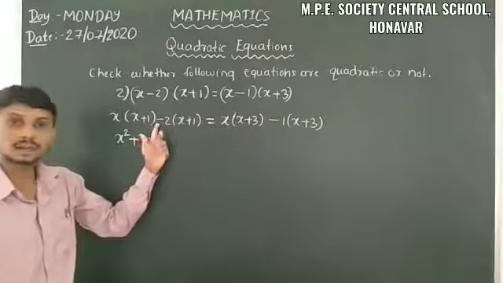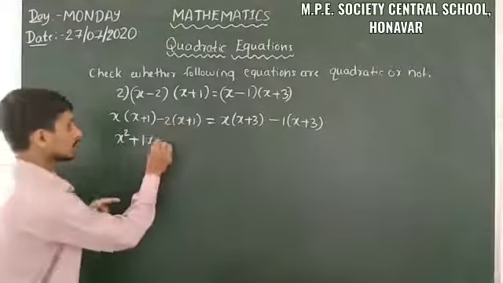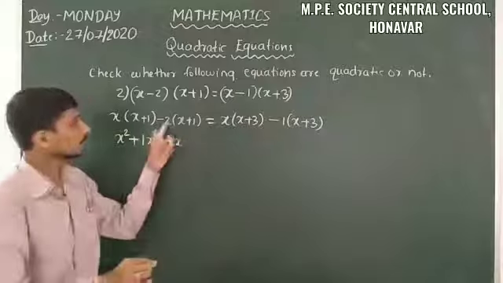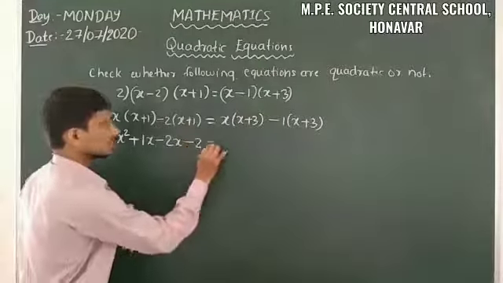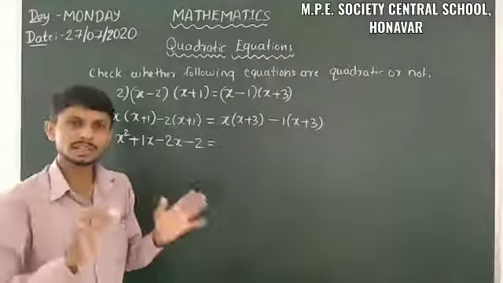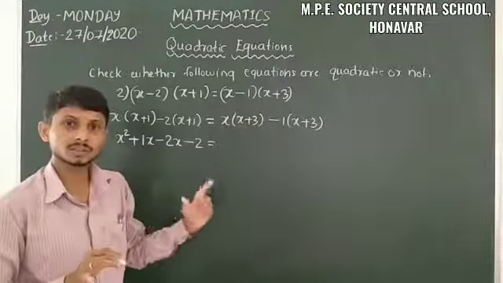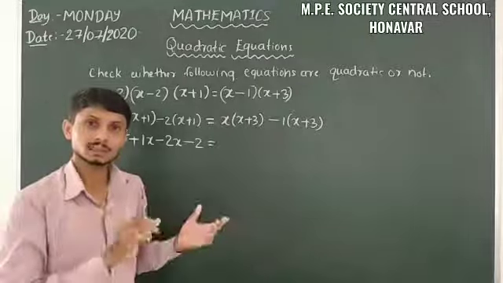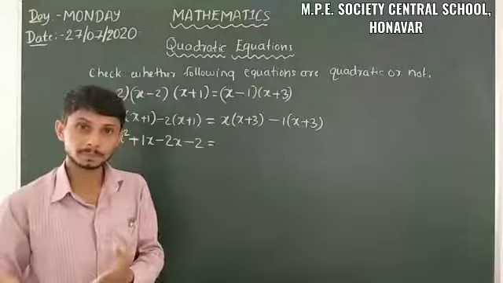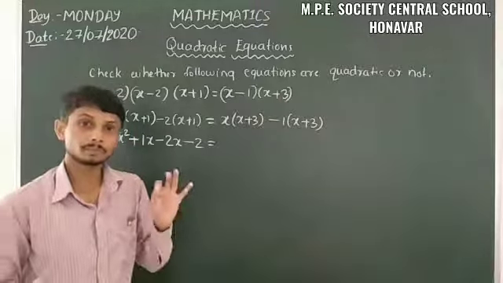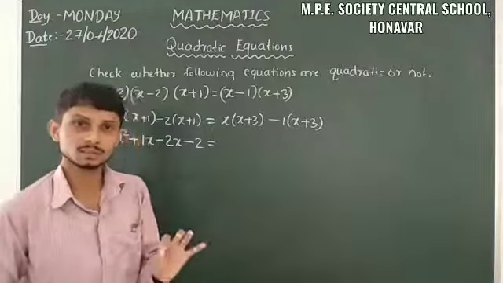Then minus 2 into x, minus 2x, and minus 2 into plus 1, minus 2 here. So you must be aware of the sign here. Whether it is minus or plus: minus into minus is plus, plus into minus is minus, minus into plus is minus, then plus into plus is plus. So be aware of these formulas here.